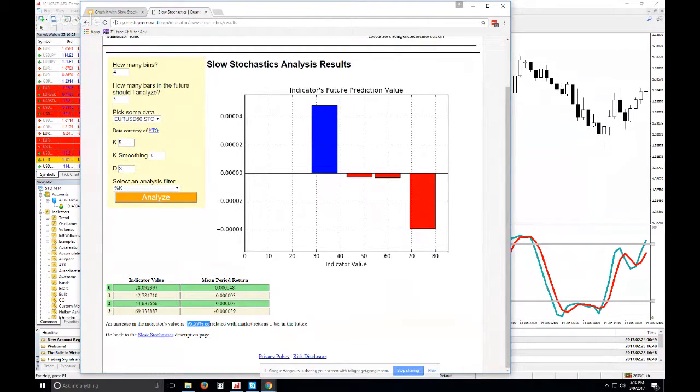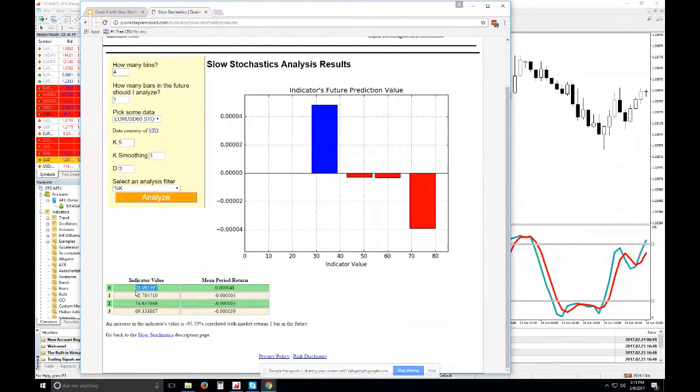What that means is that, with a very high degree of relevance, as the stochastics indicator increases, the average return decreases. It doesn't tell you anything about how much, and it doesn't tell you anything about percent accuracy. It just tells you that there's clearly a relationship between the stochastics indicator rising and the average market direction decreasing.